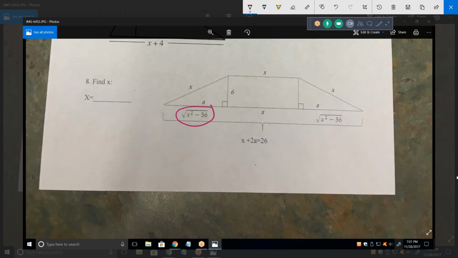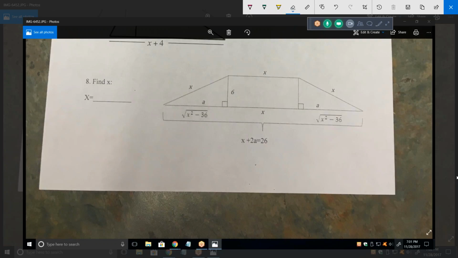In other words, given that the hypotenuse is x and the side length is 6, then the horizontal length is square root of x squared minus 36. Okay. Same thing on the other side.